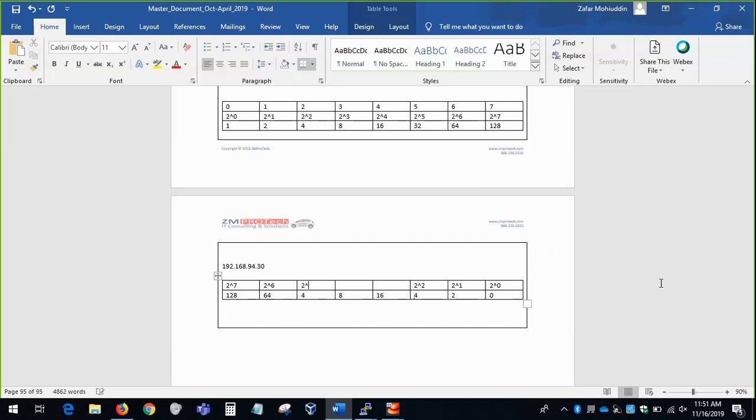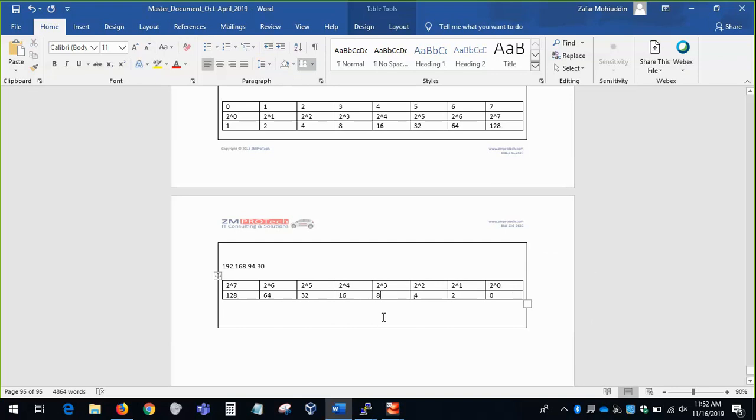And 2 to the power of 5, this is 32. 2 to the power of 4, this is 16. And now 2 to the power of 3, yes, 8.